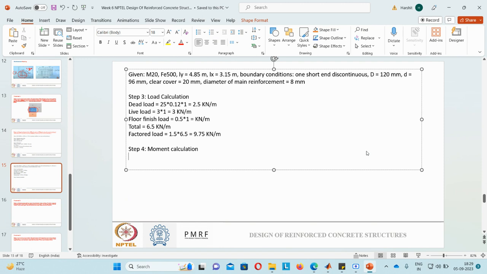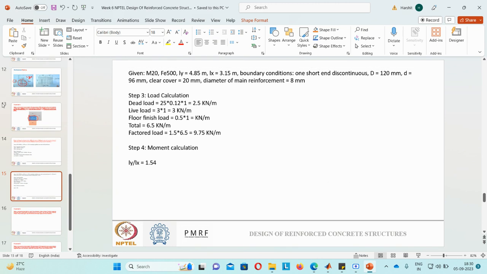And this we can calculate from IS 456. Okay, so Mux is nothing but alpha x Wu into Lx square, and Muy is nothing but alpha y Wu into Ly square. My Ly by Lx ratio, what is it? 1.54.